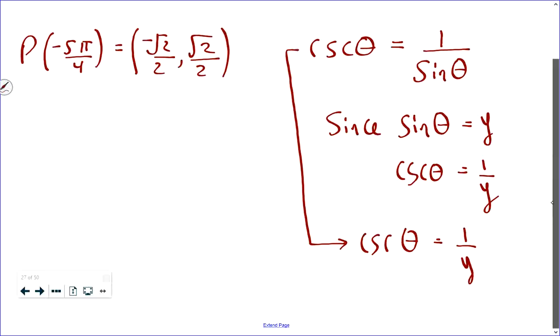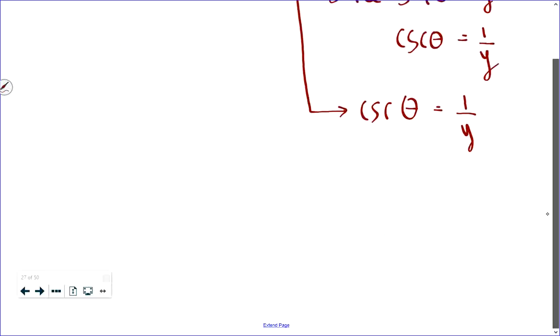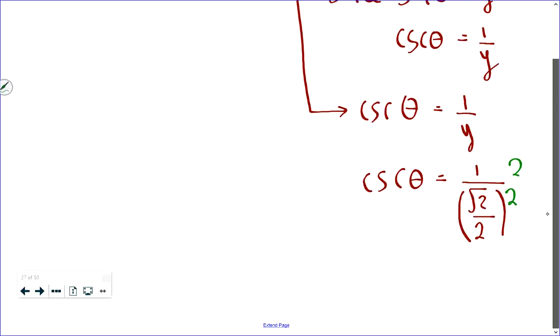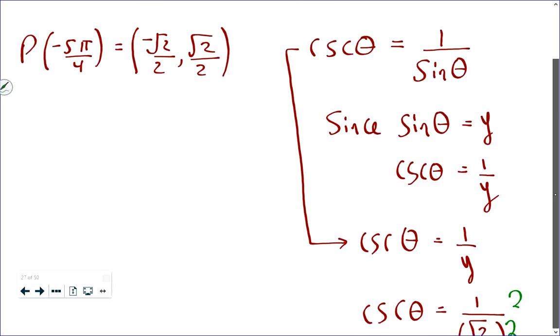And then the person, since they're a very linear thinker, says, well, I'm going to put y in. Cosecant of theta is 1 over y, which is root 2 over 2. And then they have to clean that up maybe by multiplying the top and the bottom by 2 and getting 2 on the top and root 2 on the bottom. I hope everybody sees that what I've done here is exactly the same thing as what I did kind of in my head, but it requires less effort doing it in your head.